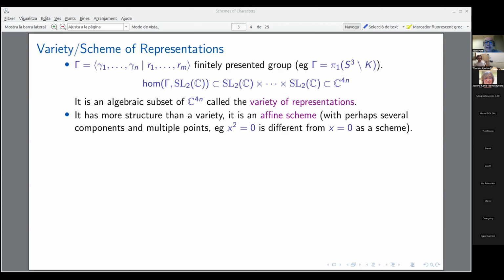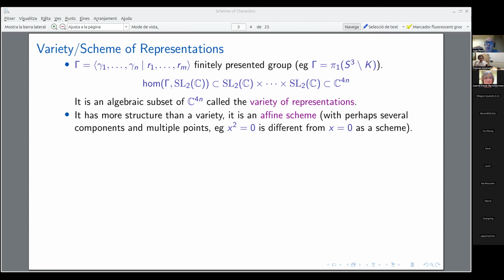Reduced means that it doesn't have multiple points. But for instance, we may have a polynomial equation which is x squared equals 0. It's not the same as x equals 0. As a variety it's the same point, but as a scheme, it's not. And the goal here was to look at this richer structure.